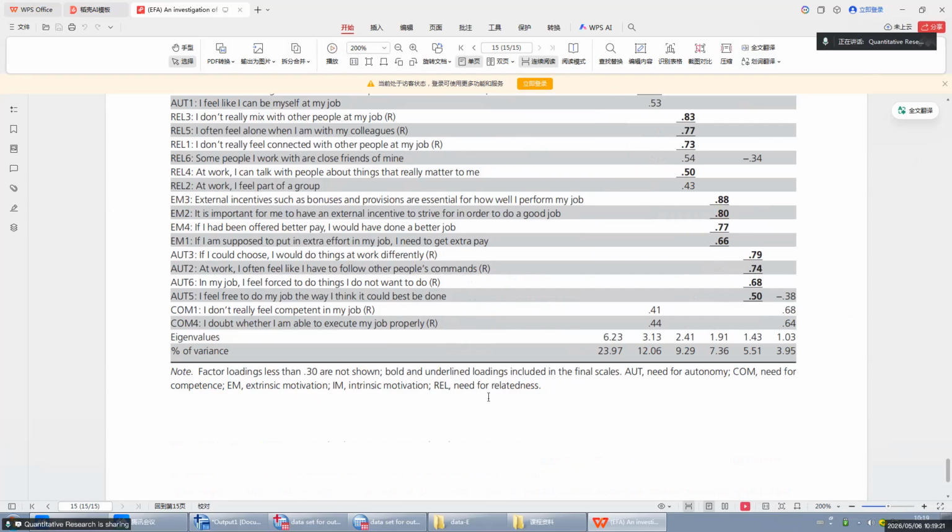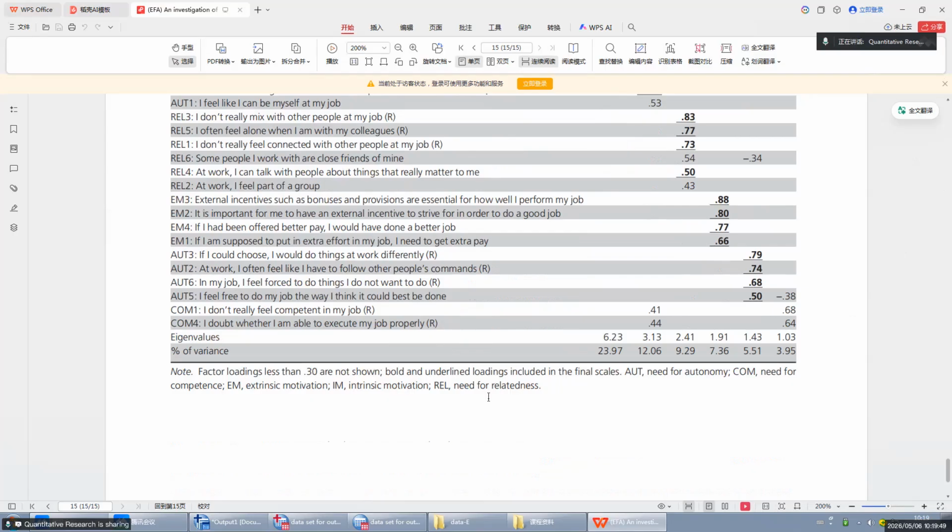Why was this item kept in data analysis? There seems to be a cross-loading, right? There is a cross-loading, but it was kept. My question is why? It's greater than 1.